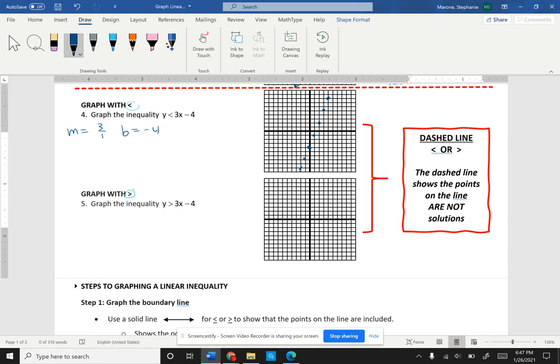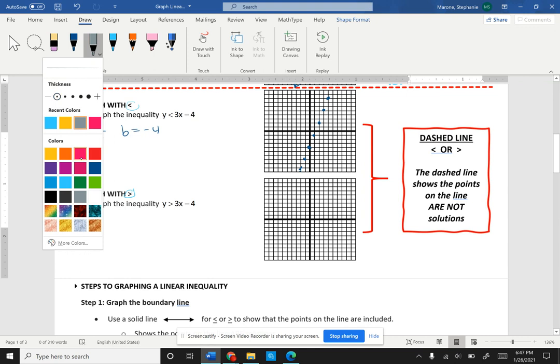All right, so now again, we're going to check those points on that line to see if the points are included on that line.